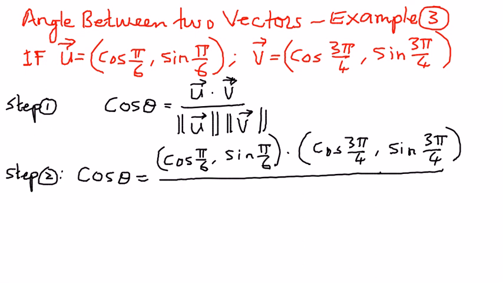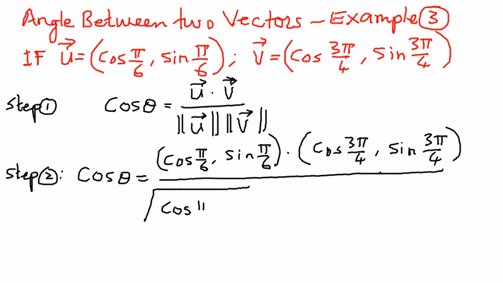The magnitude of vector u is going to be the square root of cosine pi over 6, the whole squared. We can write that as cosine squared pi over 6. Let me write it this way, so for those of us who are doing this for the first time, you will see how this is done.